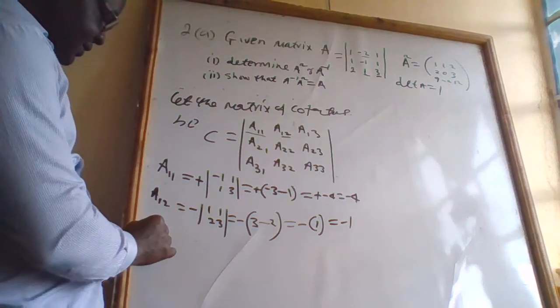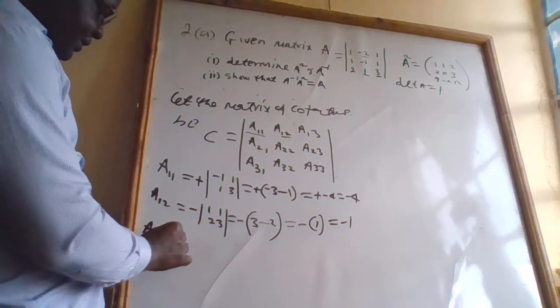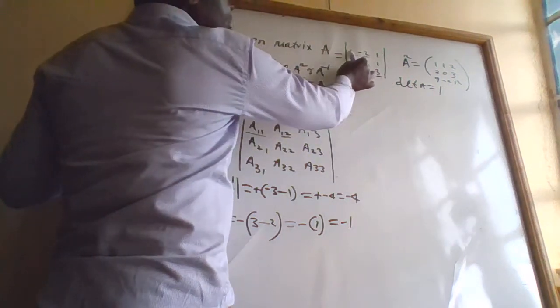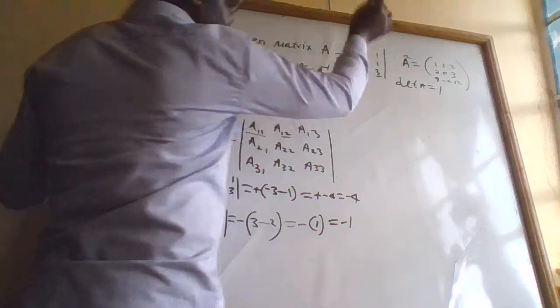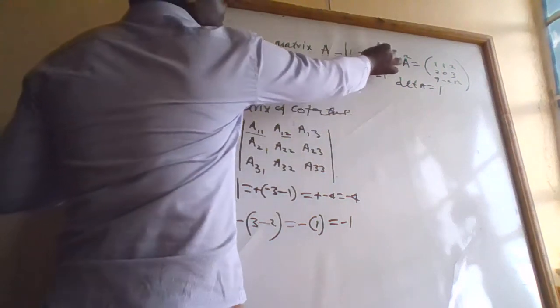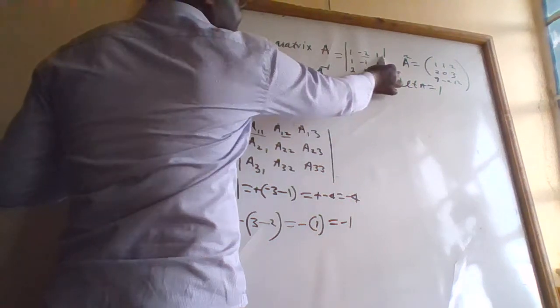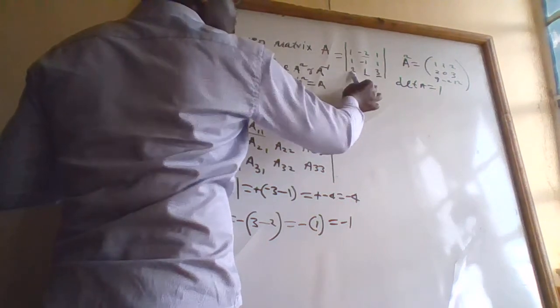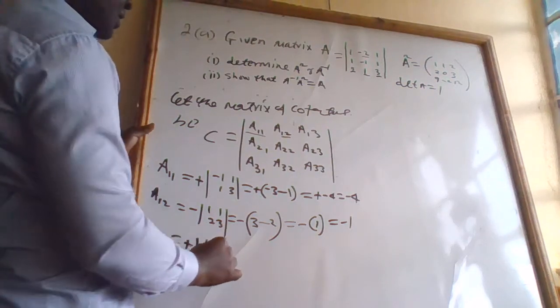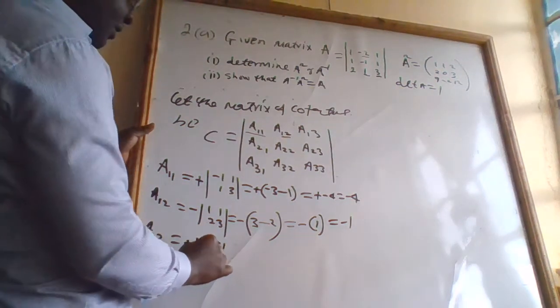Then this element, A13. The place sign: positive, negative, positive, so it will be positive. Then the minor of this element, we remove this column and this row, so we have 1, negative 1, 2, 1.